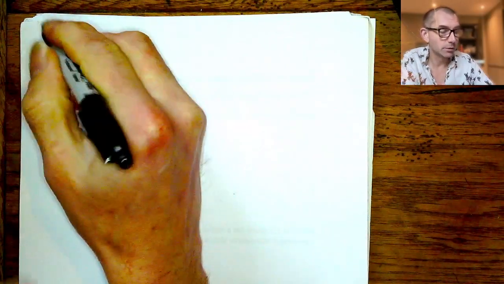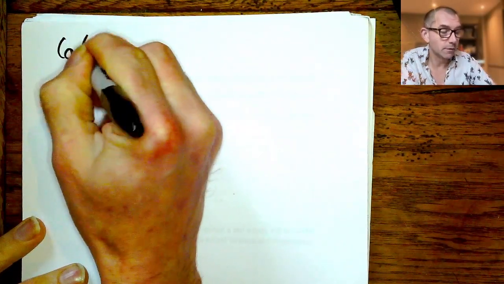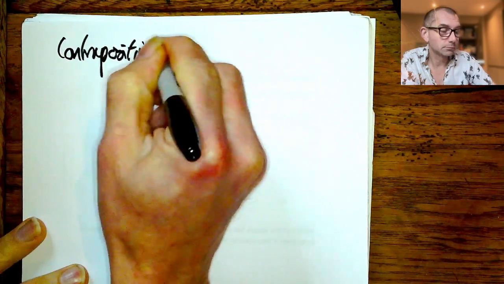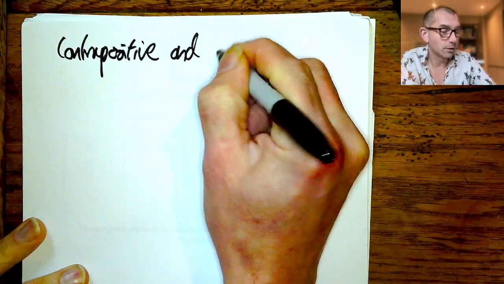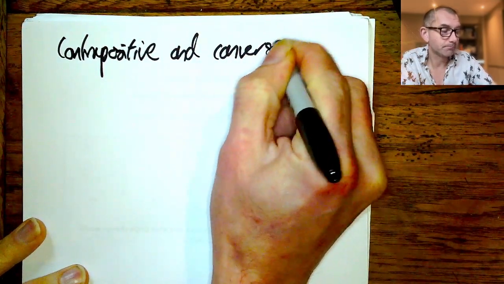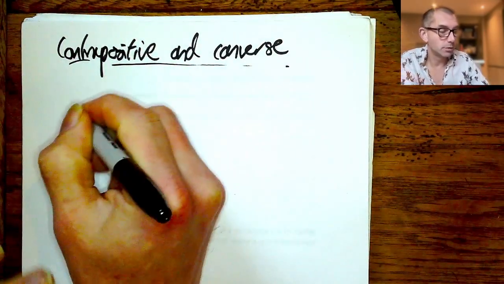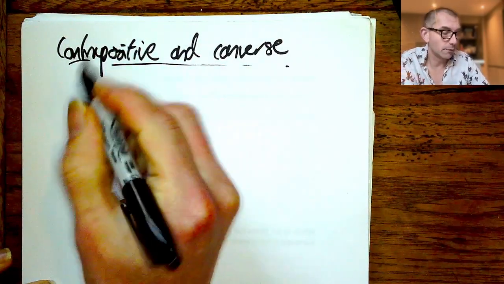So let me write something down. So this will be about the contrapositive and the converse. And I just want to give a brief description of these.